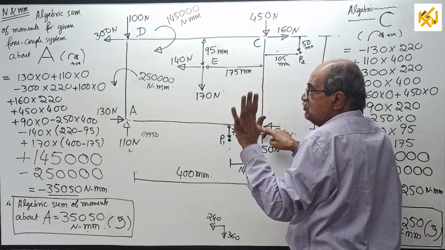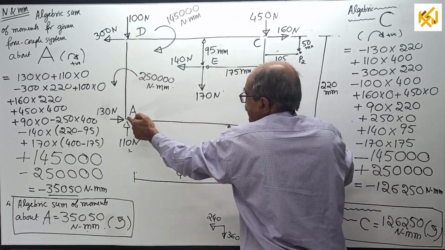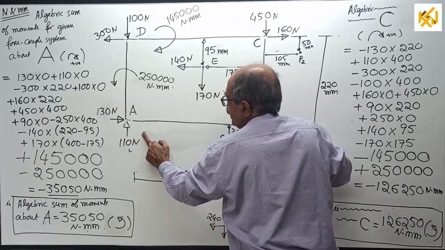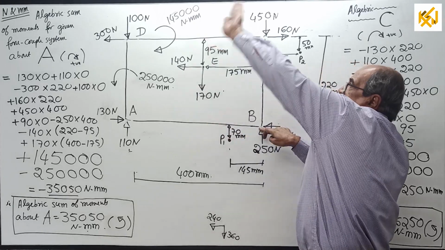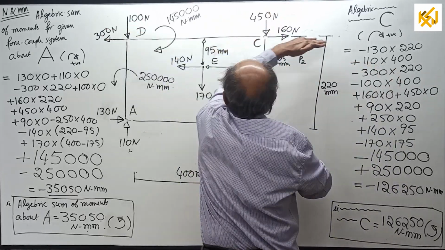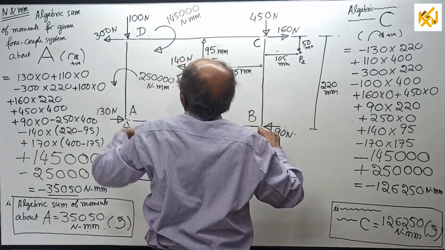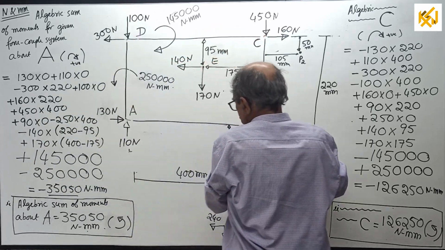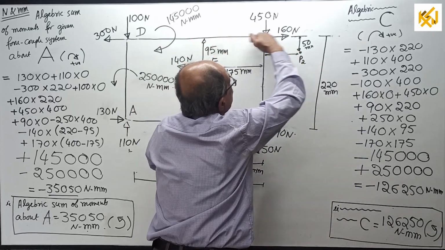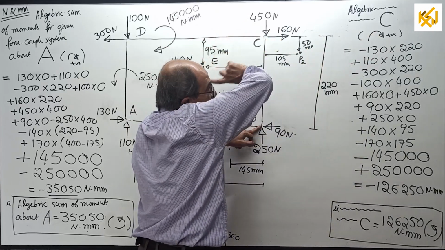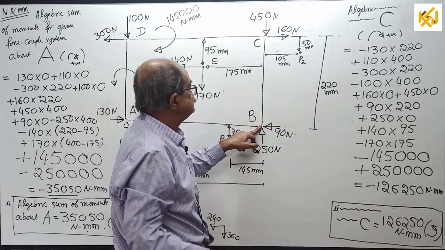130 into 0. 110 into 400. This number is a trick number. Don't worry about it. 110 into 400 clockwise. 300 into 220 anti-clockwise. 100 into 400 anti-clockwise. 160 into 220 clockwise. 450 into 0.